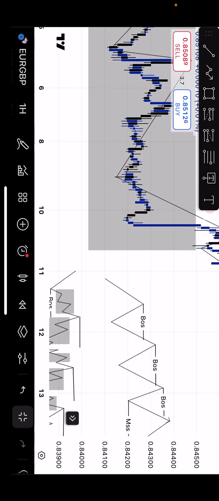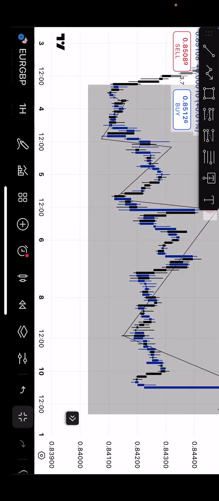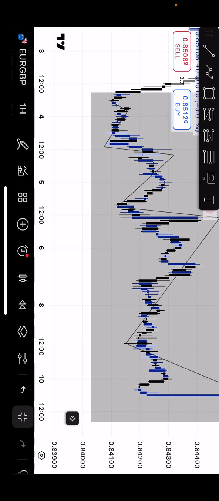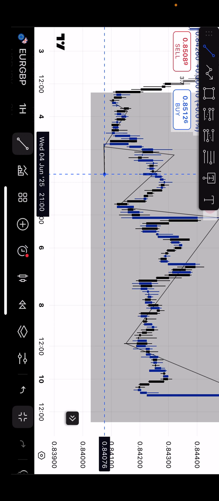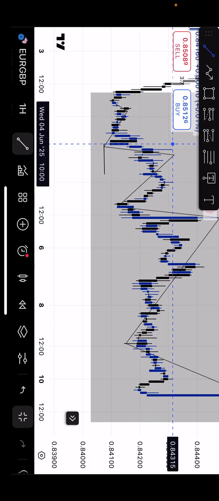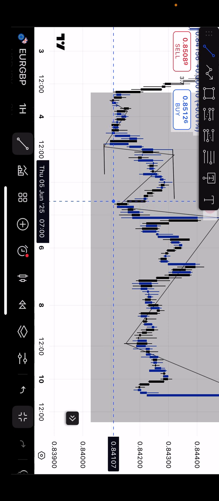This is what is valid. I'm just giving you an example. You see these lines that I draw, these are the main lines. Why are they the main lines? Because this is the last low that caused this high, that also caused this low. This is the last low that swept every other low.